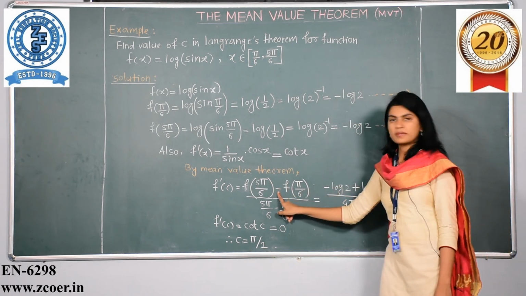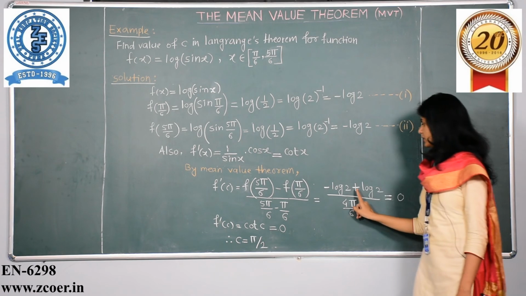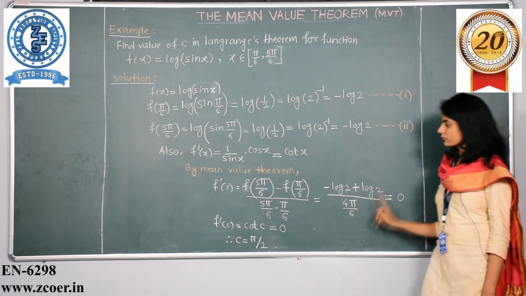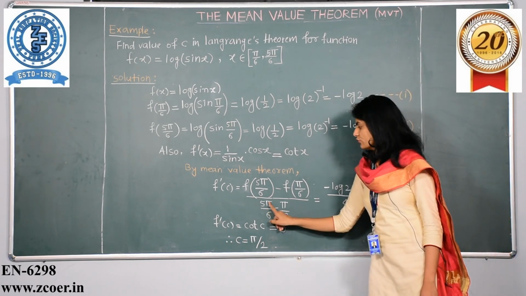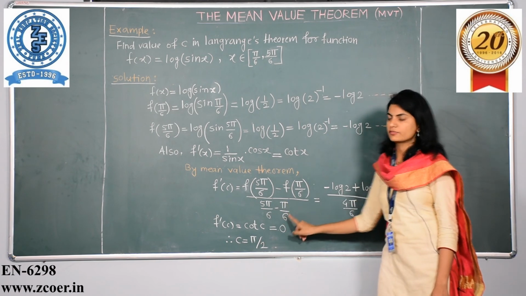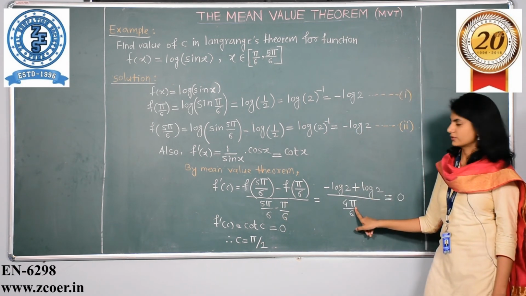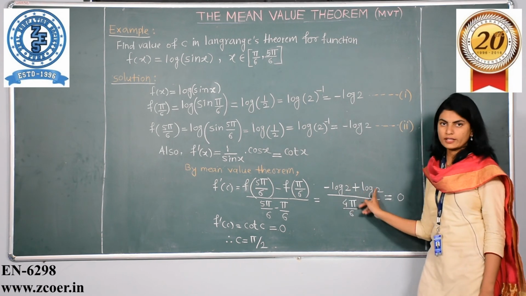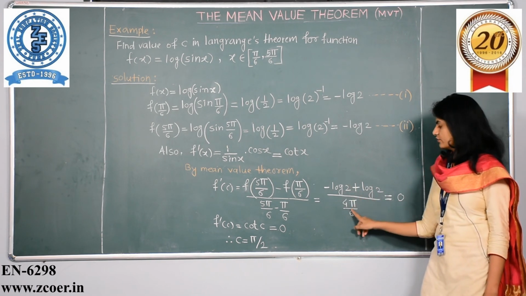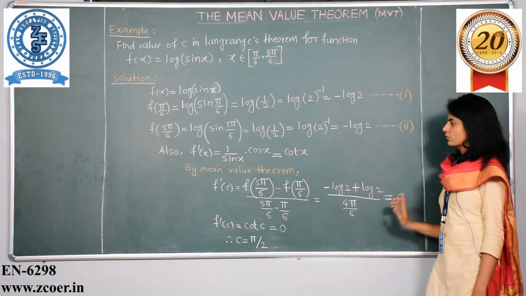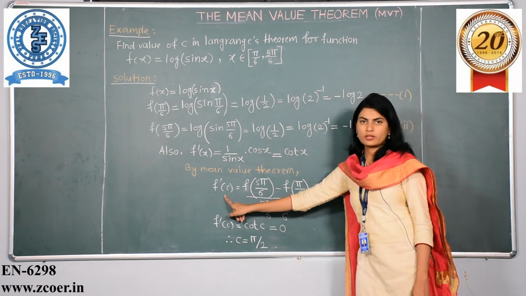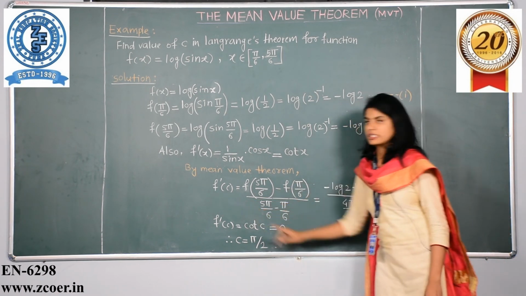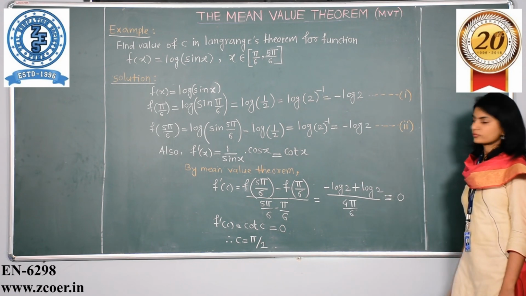So this minus minus becomes plus, so we have written here plus log 2, and the 5 pi by 6 minus pi by 6 will become 4 pi by 6. So here this minus log 2 and plus log 2 will get cancelled. So it is 0 by 4 pi by 6, which becomes 0. So we got f dash of c as 0.